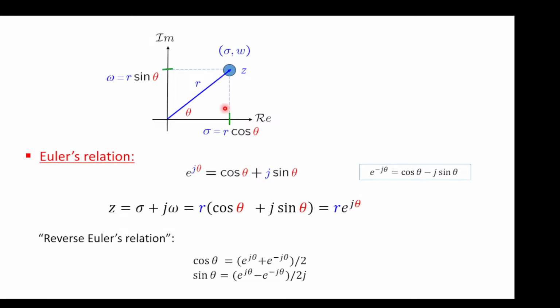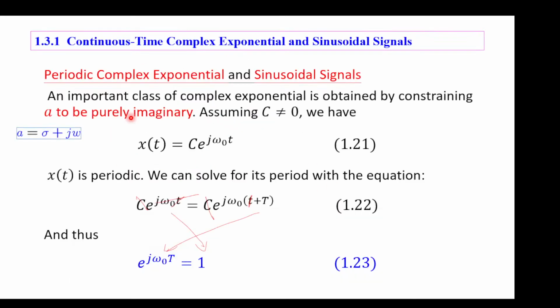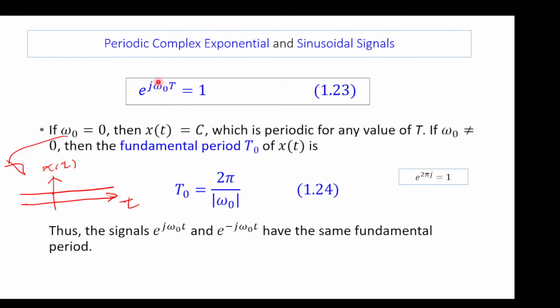So your theta needs to be a multiple of 2 pi, and r needs to equal 1. Well, r is already equal to 1, and you want the theta part to equal a multiple of 2 pi. And the smallest possible positive T that satisfies this is just 2 pi divided by the absolute value of omega naught.